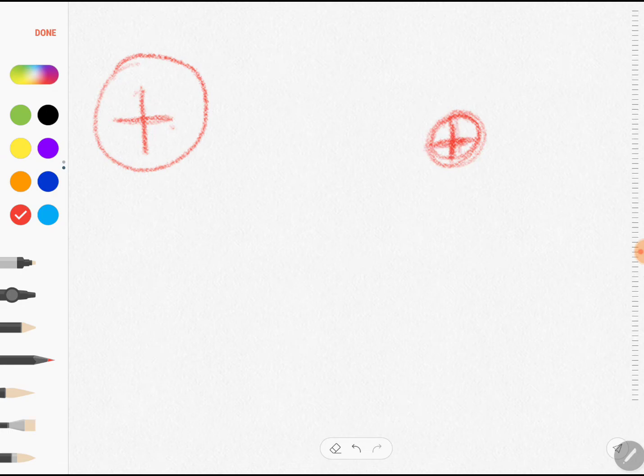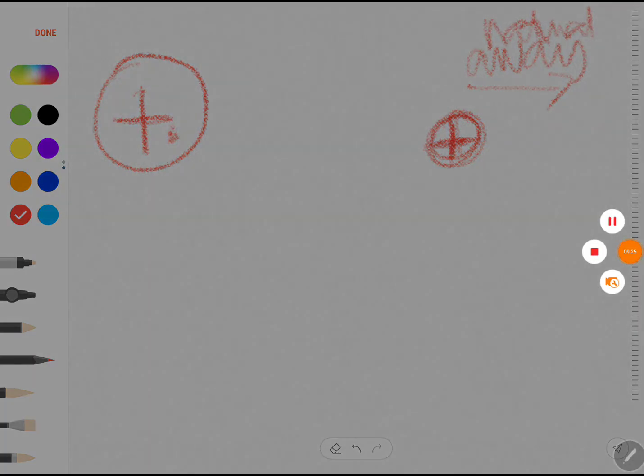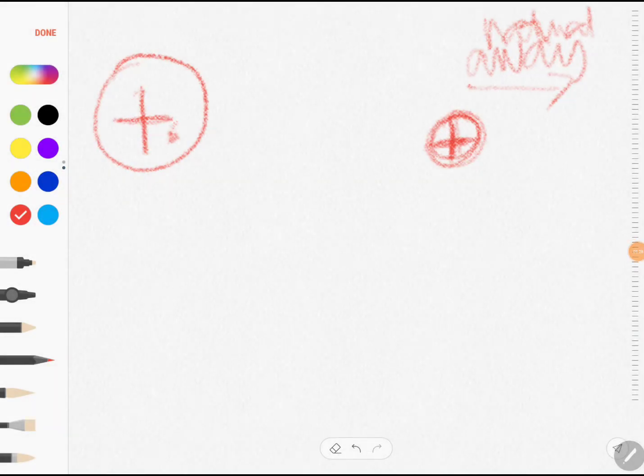Will it move towards this charge or away from this charge? It will naturally move away from this charge.